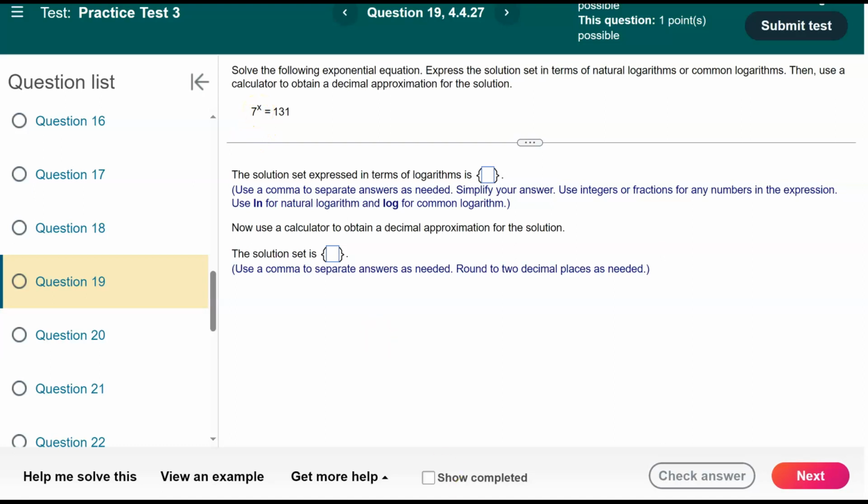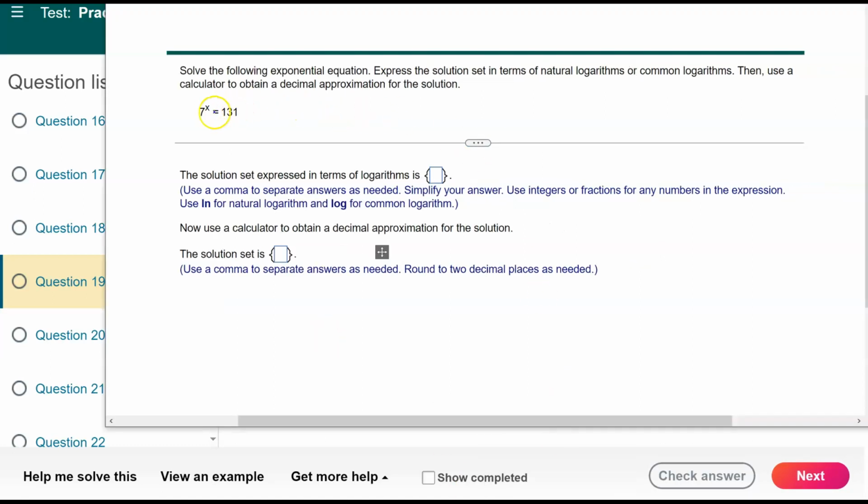To solve for this x, since we cannot write 131 as base 7, what you can do is take the ln of both sides. That is using the natural logarithm. You can use either the natural logarithm or the common log, so either you take the ln of both sides or the log of both sides. So you do ln of 7 to the x is equal to ln of 131.